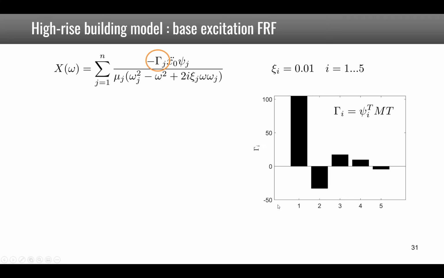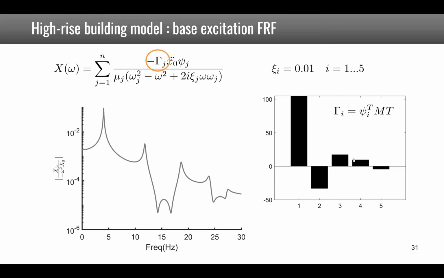And in this case, you see clearly that the first mode is much excited by the earthquake, whereas the other ones are much less excited, much less than in the case of the force applied to the top. So this shows really the clearly decreasing trend of the transfer function in the case of base excitation. Note that here we are solving for relative displacement between the 5th floor and the ground.